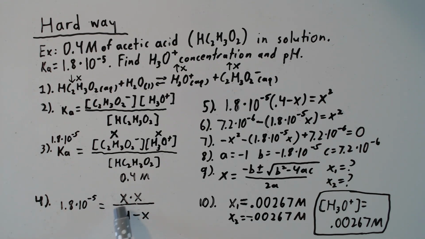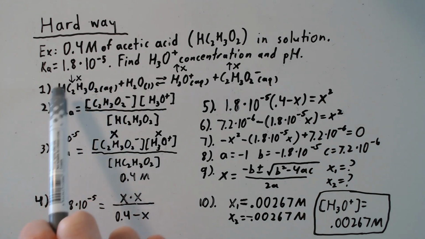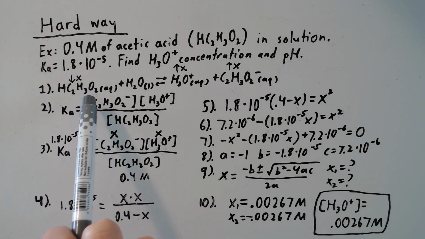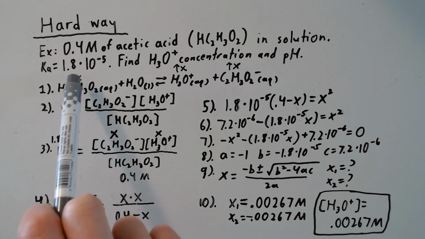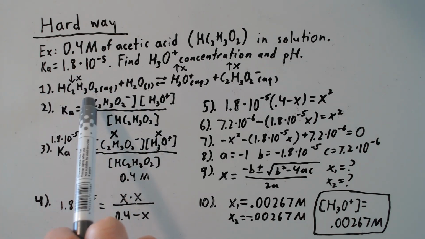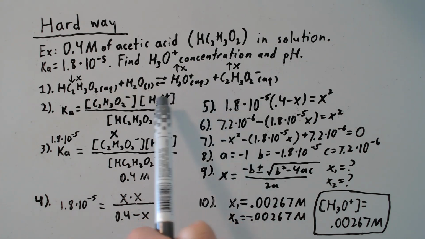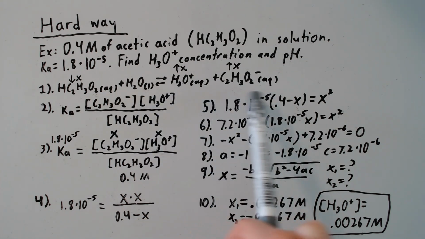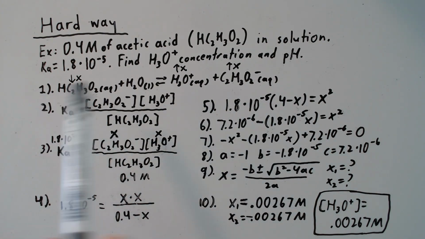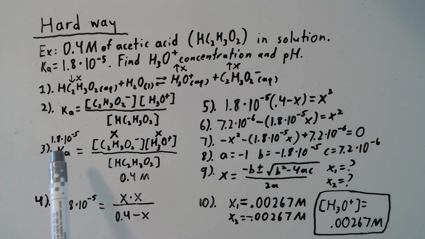So why do we draw X and X here? Why is it the same for both of these? Well, when an X amount of this acid reacts, an X amount of H3O+ and an X amount of C2H3O2- is produced, because these are in a 1-to-1 ratio.